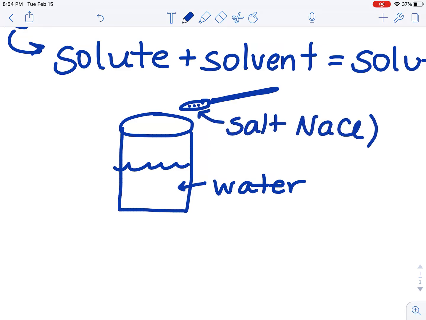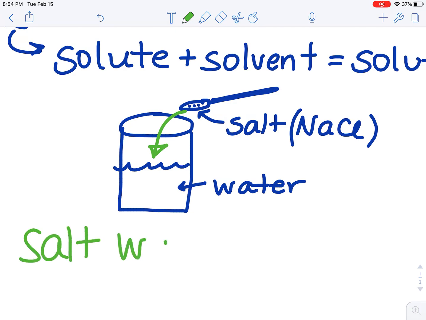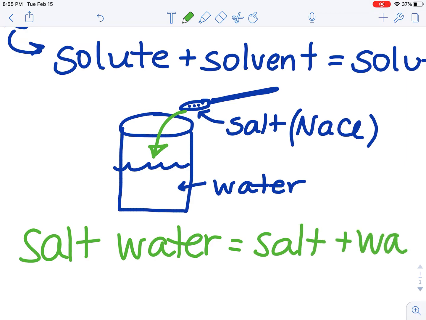Remember, sodium chloride. And when I dissolve the salt in the water to make salt water, again, the salt water is made by adding the salt to the water.